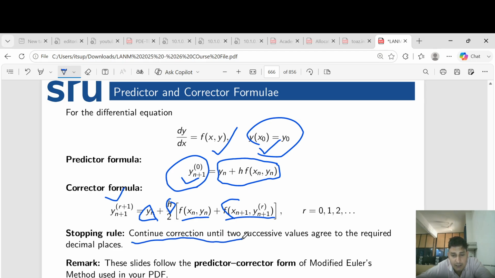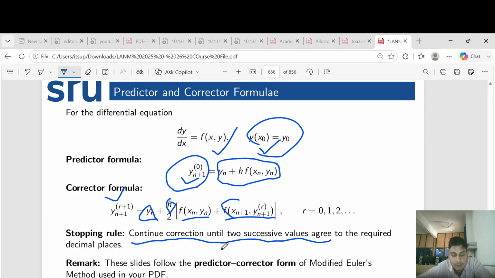Continue the correction until two successive values agree to the required decimal places. So you continue your process until you obtain the accuracy of two decimal places.